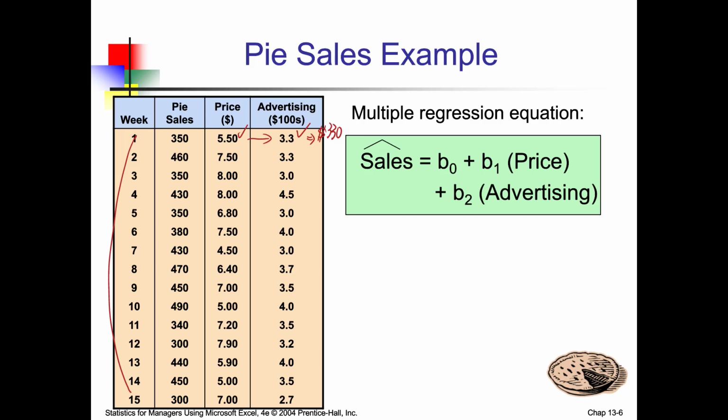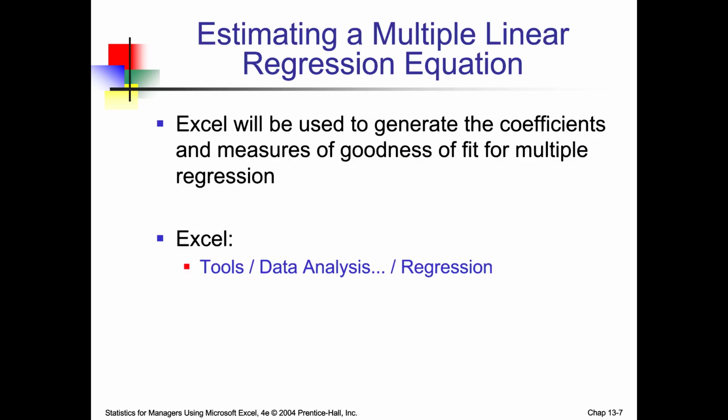The multiple regression equation we're looking at is predicted sales equals B0 plus B1 times the price plus B2 times the advertising spending. We'll try to figure out B0, B1, and B2. That's the main thing. Once you copy the data into Excel, follow this direction here: first data analysis, and then regression.